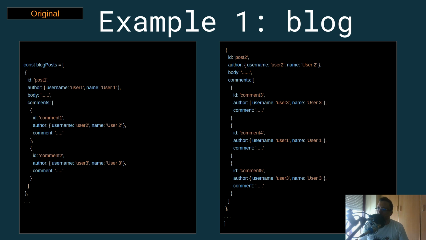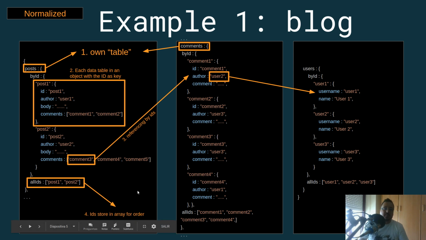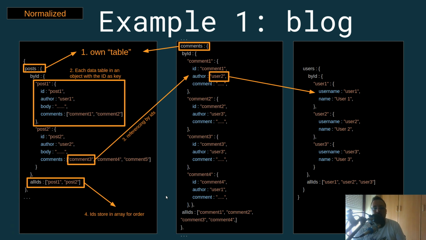So a normalized state would be okay. For example, in the original documents, they separate it. They say, okay, these are the posts, the comments, and the users. They are the three entities separated in their own object, so this is like, okay, I have our own table.